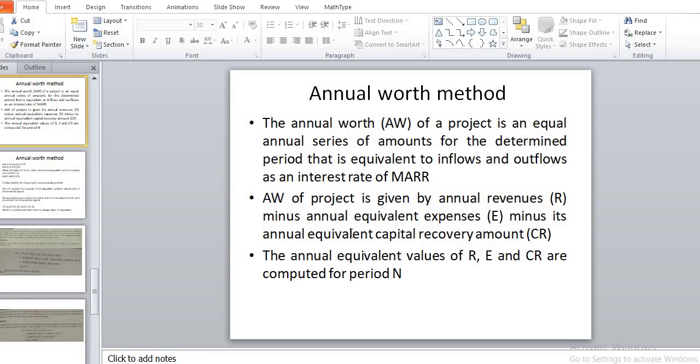So in the annual worth of a particular project, this is related to the annual series of amounts for a particular period of time, considered with a minimum attractive rate of return, or a particular interest rate, and considered for a particular inflow and outflow of cash flow.